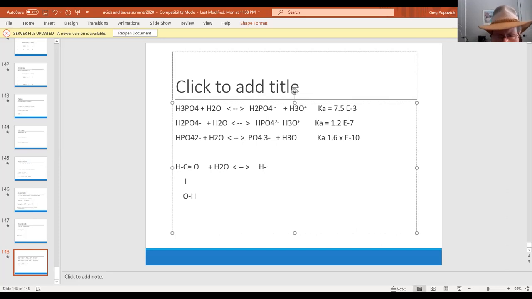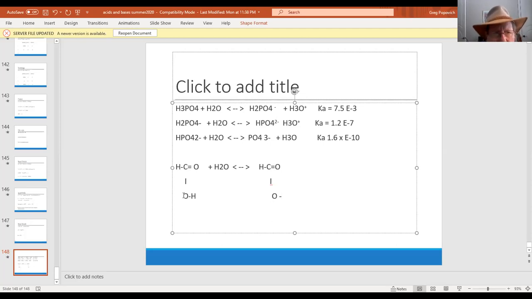that H is still hooked onto the carbon, which is still double bonded to another carbon, but I now have that hydrogen being taken away, because that hydrogen bonded to the oxygen is an ionic bond.